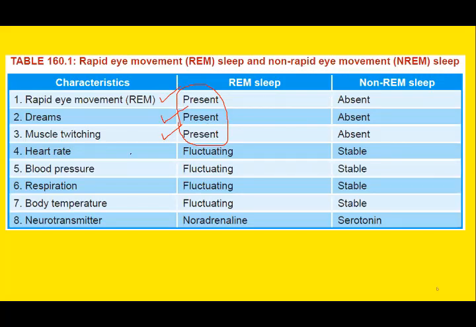Then the physiological parameters like heart rate, arterial pressure, body temperature, and respiratory rate, these vital signs, are irregular in REM sleep. The vital signs remain stable during most of the non-REM stage.